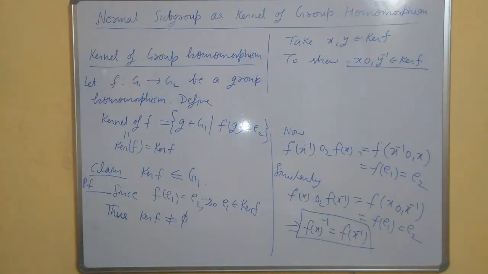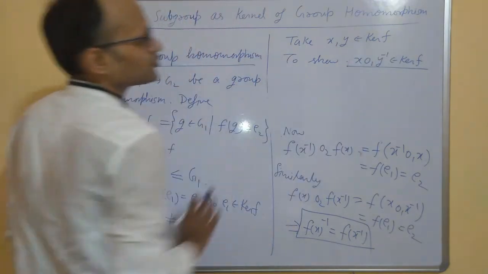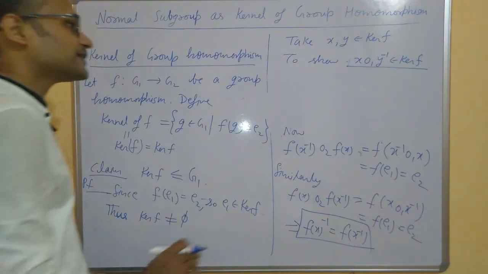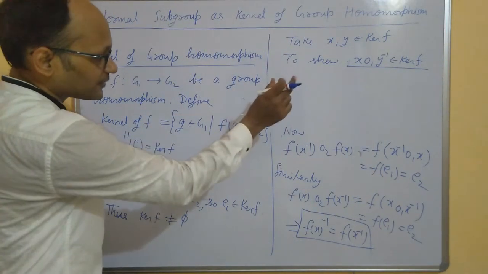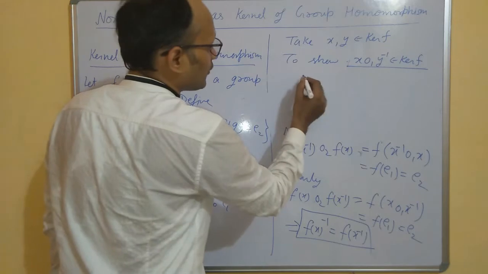So to show that the kernel of f is a subgroup, we need to show that x O1 y inverse belongs to kernel of f. And to show that something belongs to kernel of f, we need to show that f of that thing should be identity of G2.